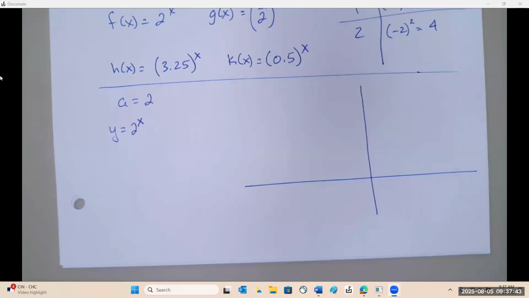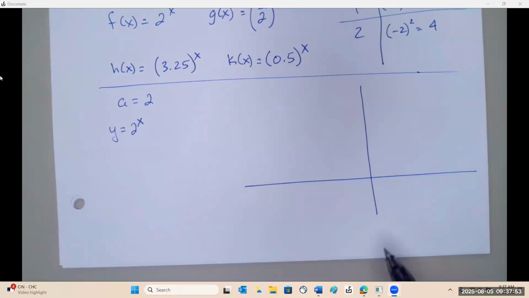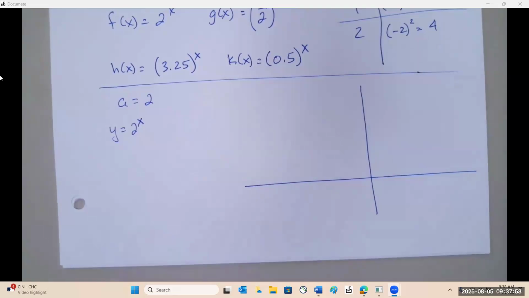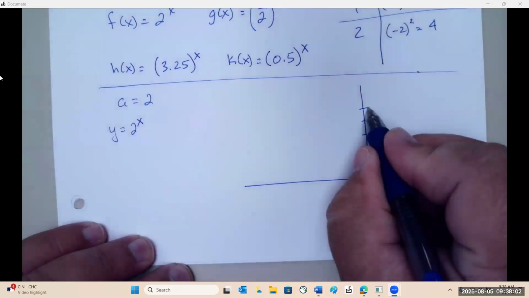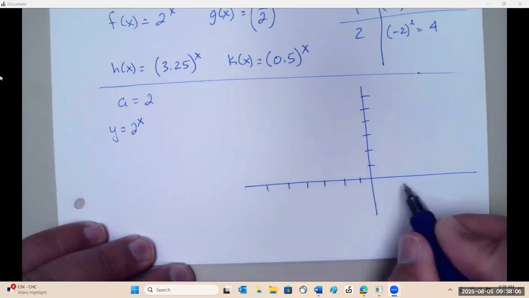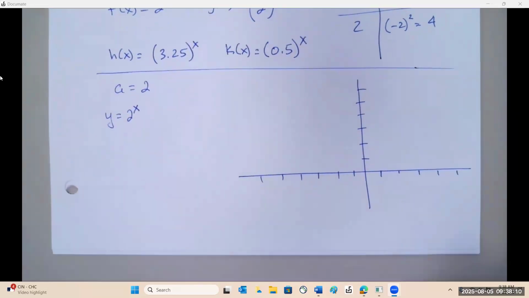Which quadrants? 1 and 2, because x can be positive, negative, and 0. But the answer, since this is positive, will always be above the x-axis, unless there's a shift.